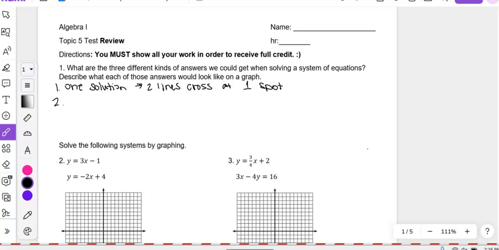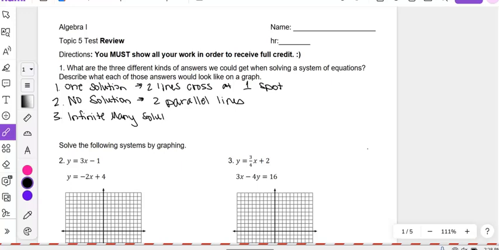The second one would be no solution. That's when you have 2 parallel lines. And then the third one is infinite many solutions, and that's where it's the same line.